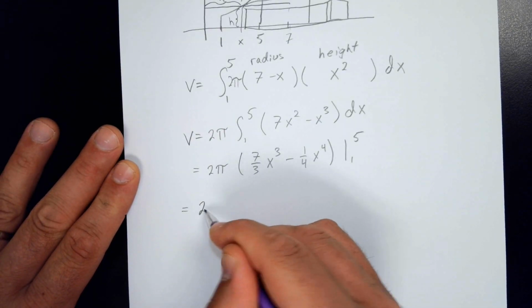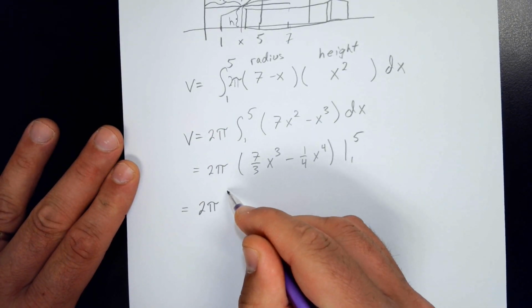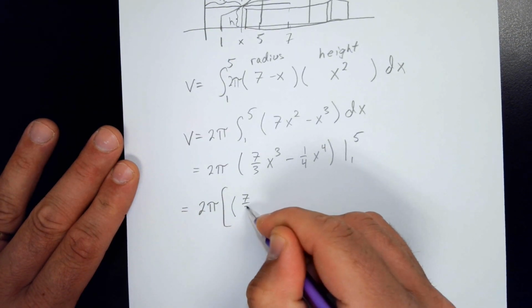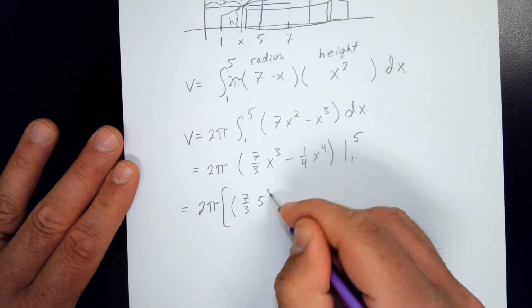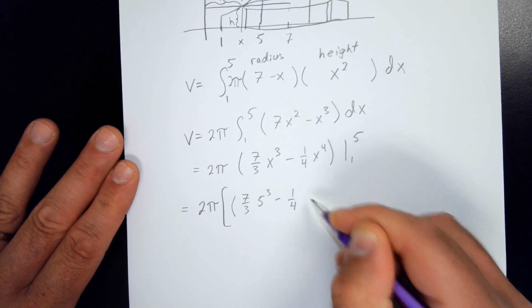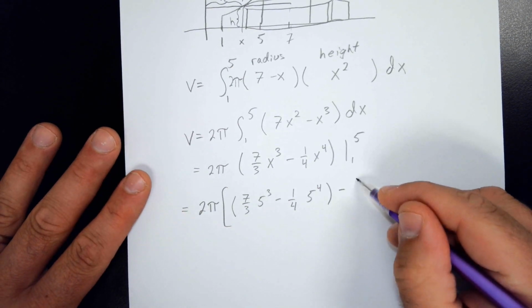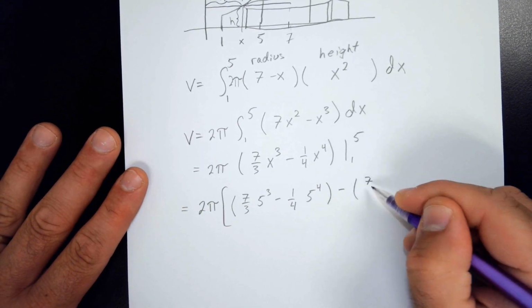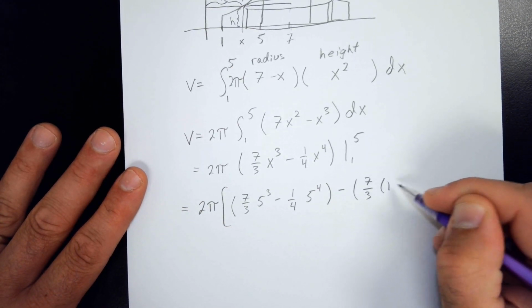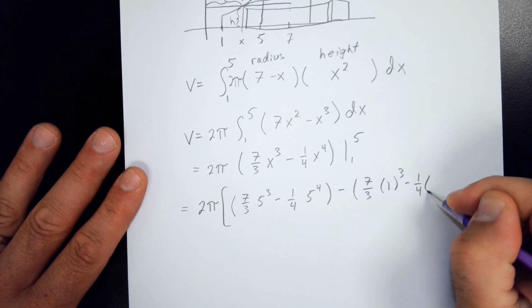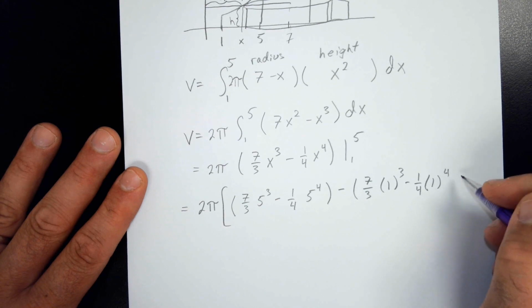They're not something really easy like 0. So if I plug in a 5, I'll have 7/3 times 5 cubed, minus 1/4 times 5 to the 4th. And if I plug in a 1, I'll have 7/3 times 1 cubed minus 1/4 times 1 to the 4th.